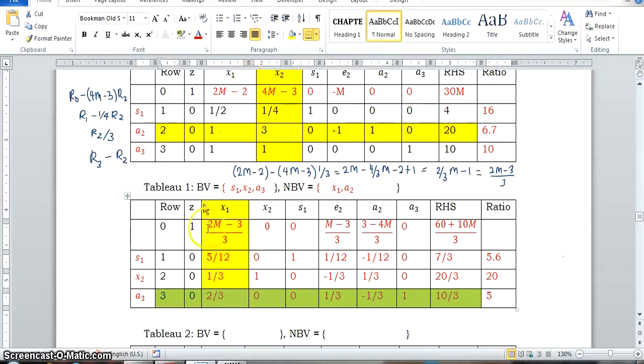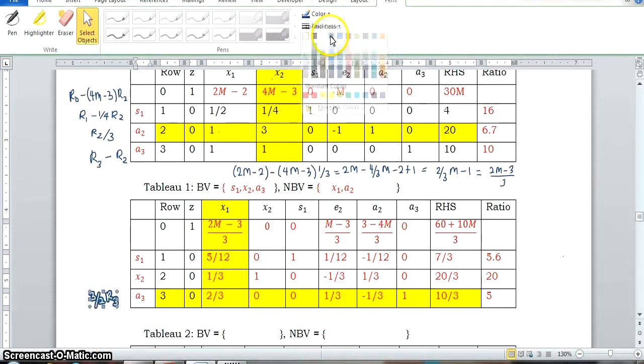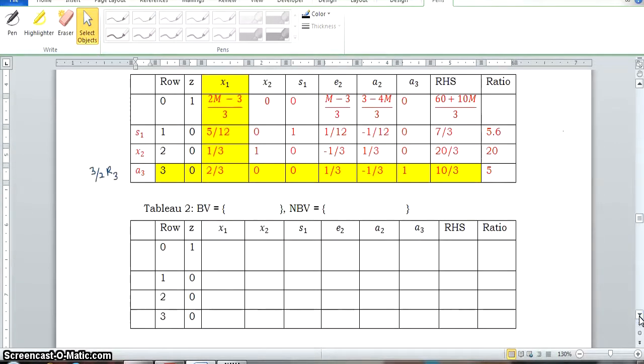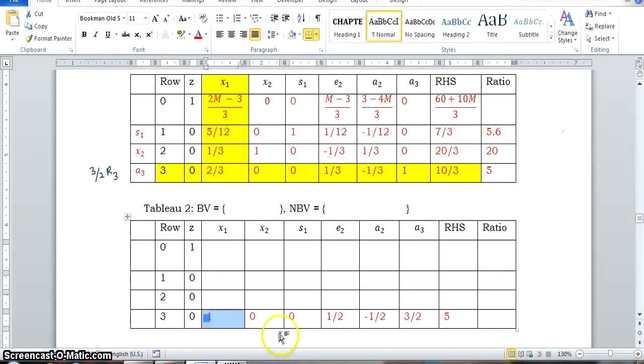To enter x1 into the basis in row 3, we replace row 3 by 3 over 2 R3. Thus, new row 3 will be 1, 0, 0, 1 over 2, negative 1 over 2, 3 over 2, and right hand side 5.